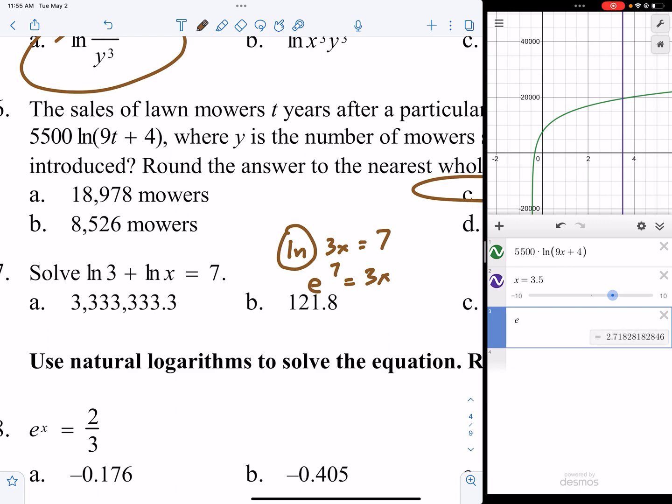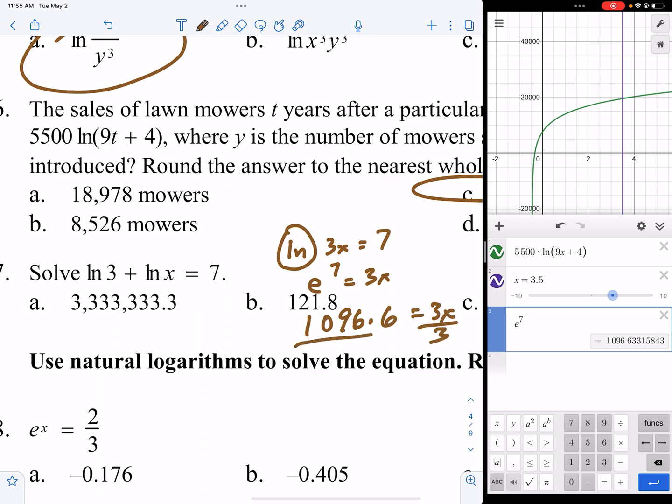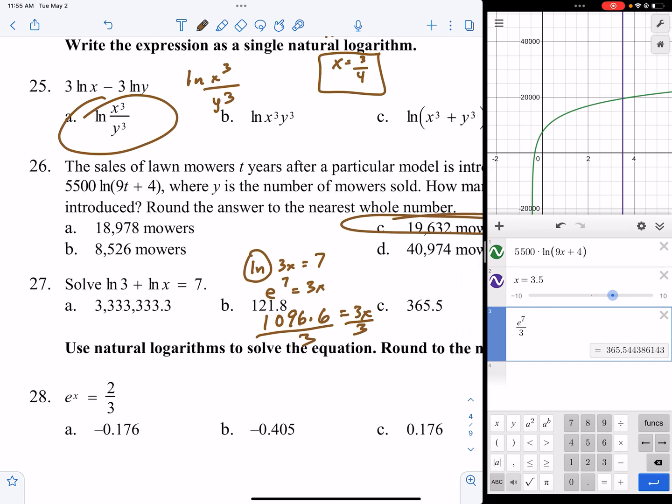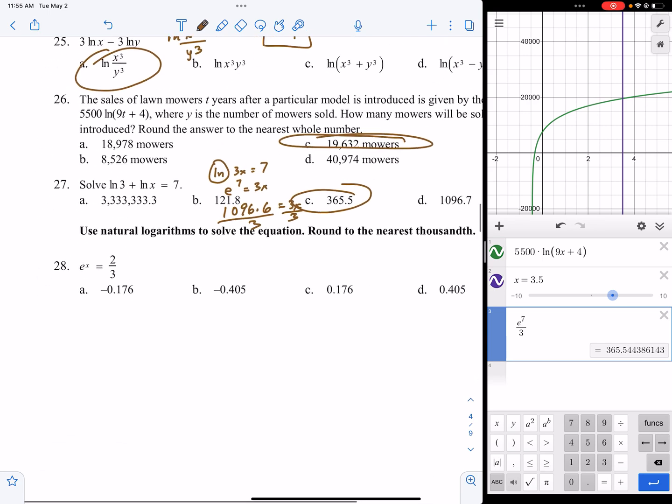E to the 7, all right, is, you round this, 1096.6 equals 3x, okay? Now divide by 3. Divided by 3. 365. There you go. Okay.